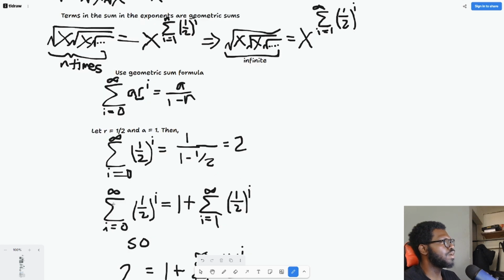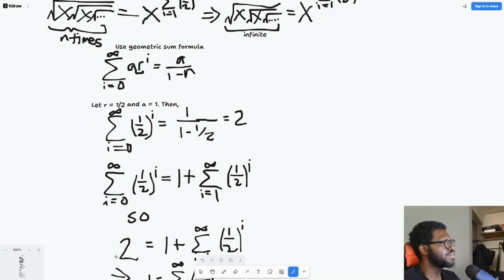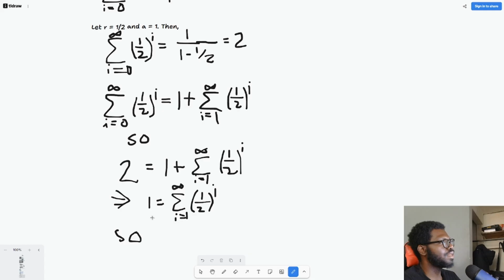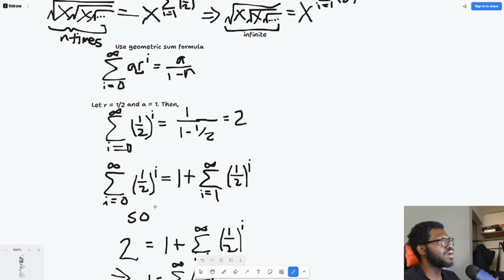Since we already evaluated the expression on the left, it's equal to 2, right? We're just going to substitute 2 for the left side, which gives us the equation 2 equals 1 plus the sum from i equals 1 to infinity of 1 over 2 to the i. Therefore, the sum from i equals 1 to infinity of 1 over 2 to the i is equal to 1.